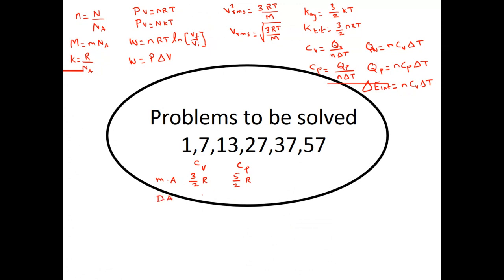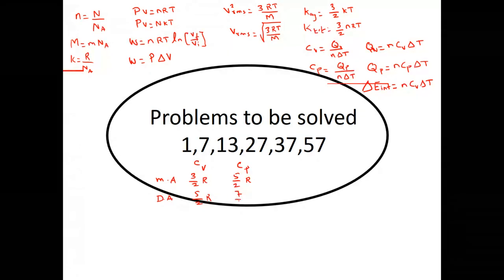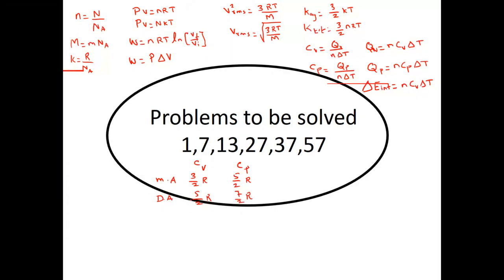Diatomic: Cv is 5/2 times R and Cp is 7/2 times R. And polyatomic: Cv is 7/2 times R and Cp is 9/2 times R. Am I right? Cp minus Cv equals the gas constant R. And gamma equals Cp over Cv. Am I right?